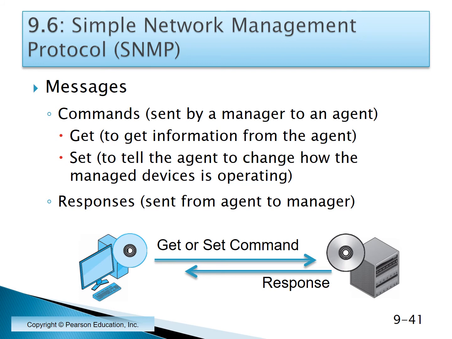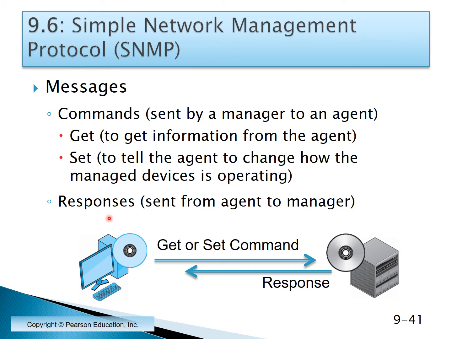We have also talked about messages that the manager can send to the device, and the device can also send messages back to the manager. The manager can send commands that can be get commands or set commands. A get command is to get information from the agent, and a set command is to tell the agent to change the value of some information or some parameters or settings, or you can use it to change how the managed device is operating.